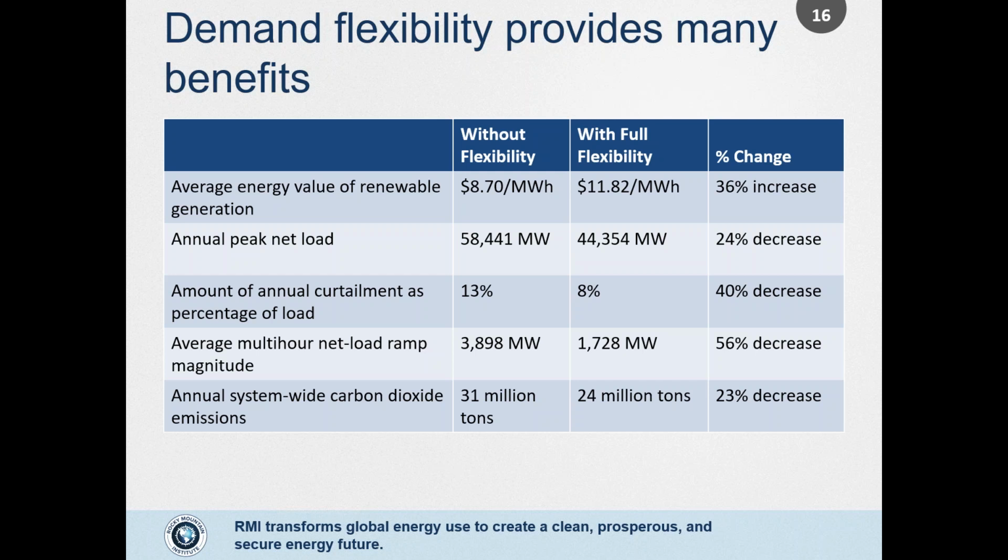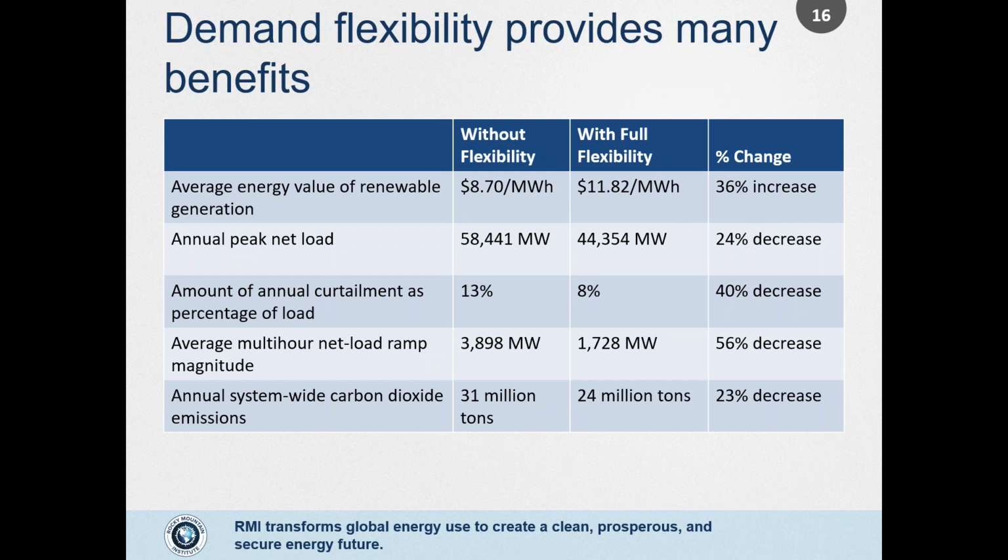And so to get this value of renewable generation, we estimated the hourly clearing prices for wholesale energy based on matching the supply curve of dispatchable resources with hourly net load. And to get this value of renewable energy with flexibility, we matched our new net load curve with that same supply curve, which gives us that change in wholesale prices.